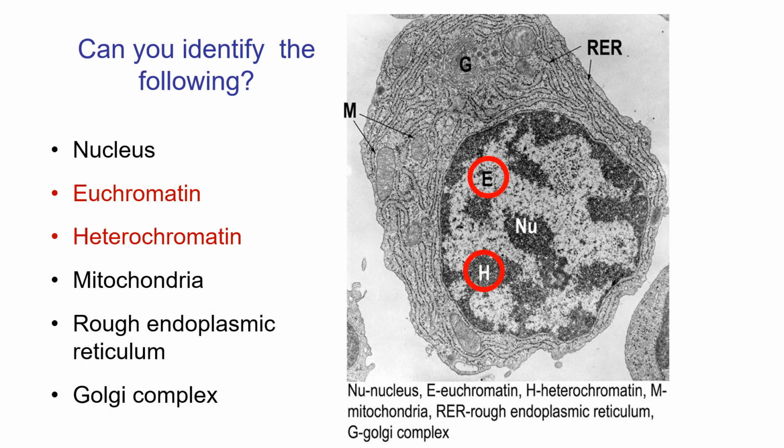So in this cell here, we have a few interesting things going on. This is an electron micrograph, so very, very high magnification. You can see some of the organelles we've talked about in the past, the mitochondria, the rough endoplasmic reticulum, the Golgi body or Golgi apparatus or Golgi complex. And then also in the nucleus, which is very large in this cell, we've got two different types of chromatin.